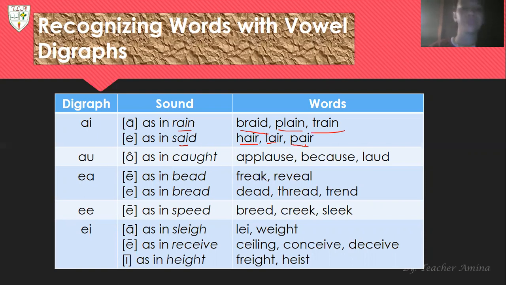Another digraph is the AU, as in caught. It makes your mouth go like this. Caught.